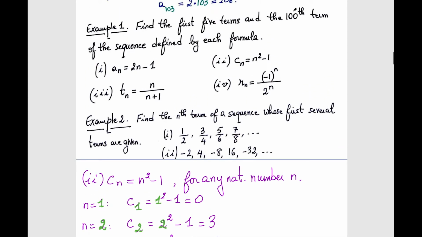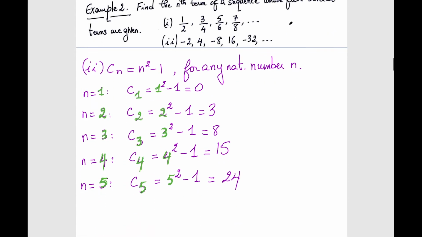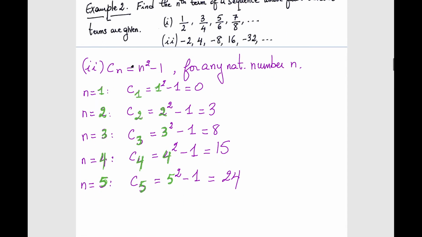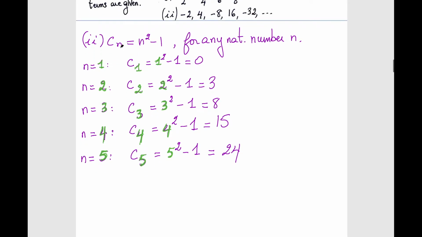They want us as well to go to the 100th term. Since they gave us the recipe of any term, I can go immediately to the 100th term by just replacing n by 100. So when n is 100, C100, that's the 100th term, right? C100 is, according to the recipe still, the square of 100 minus 1.